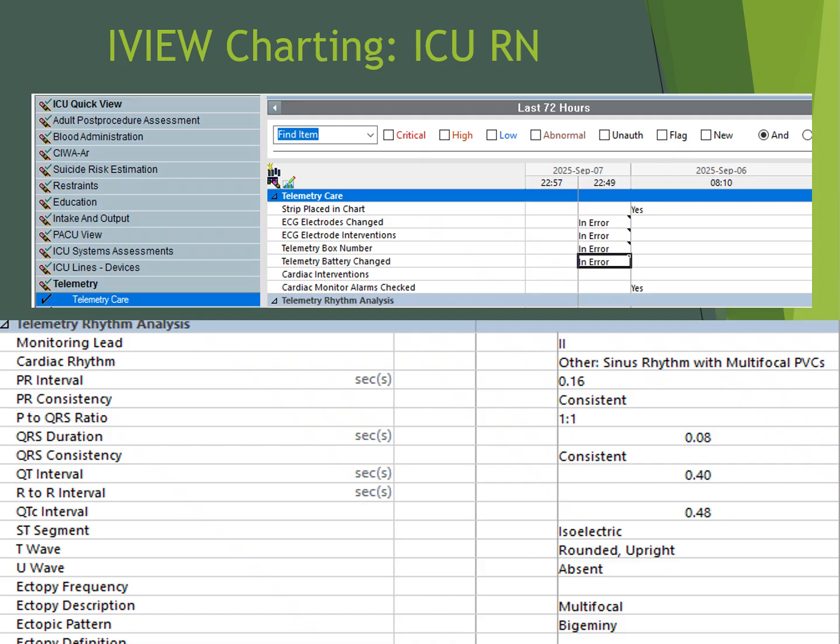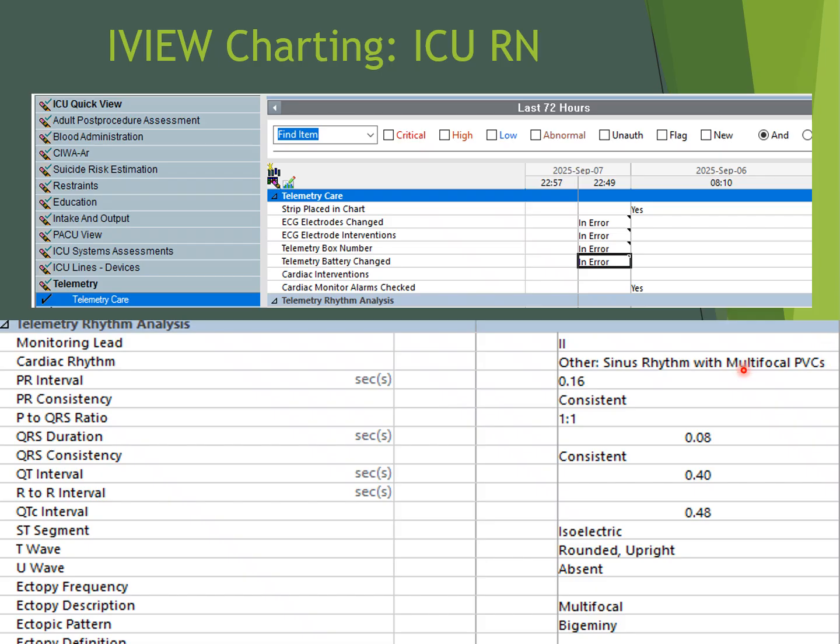For the ICU nurses, they will do their charting under the telemetry rhythm analysis component of the telemetry band, and this information is accessible for the medical nurses to review as well. So the ICU nurses will chart which lead they were looking at and the cardiac rhythm.